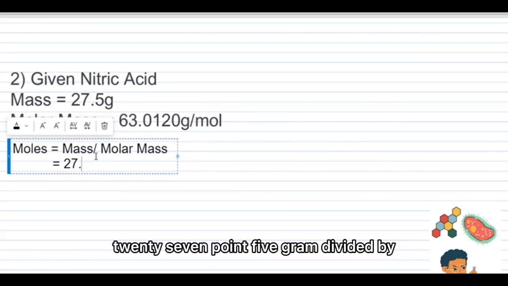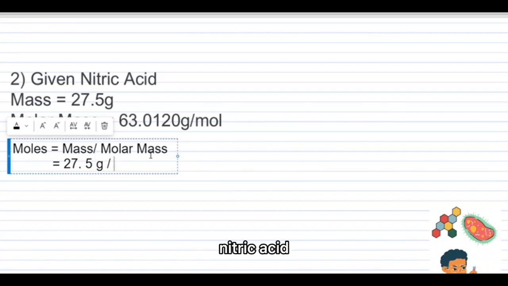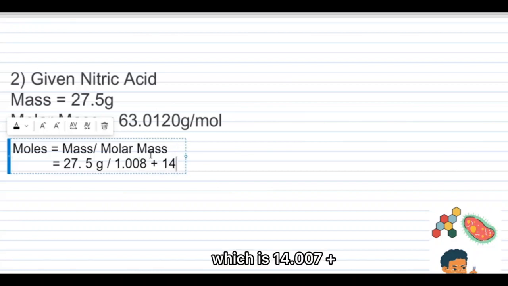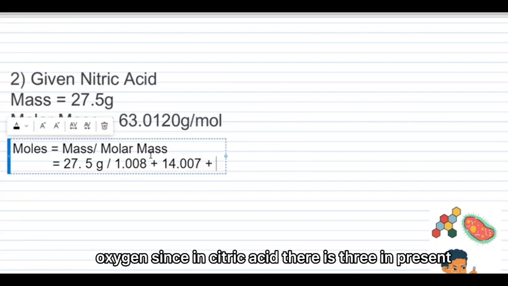And of course, the same procedure applies here. 27.5 gram divided by the molar mass of nitric acid, which is 1.008 plus nitrogen, which is 14.007, plus oxygen.